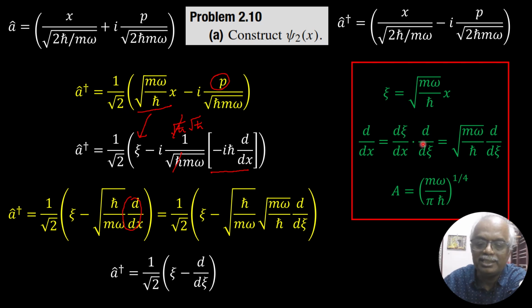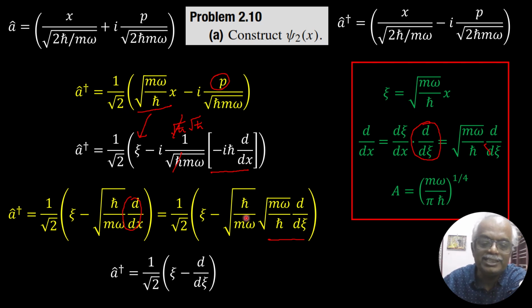So now this is equivalent to d/dx. Now you differentiate z with respect to x, so dz/dx will be the square root of mω over ħ, and then after that I am multiplying by d/dz. Now I am replacing d/dx by the square root of mω over ħ d/dz.